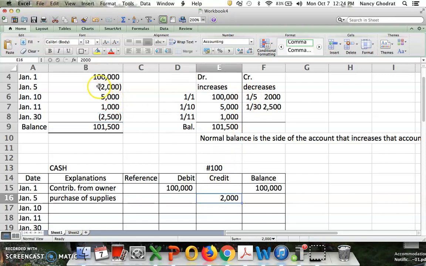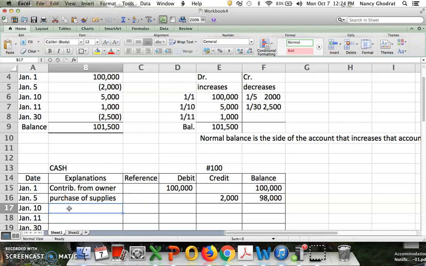By the way, in accounting, any number in parentheses is considered negative. So in this case, we're not going to put negative 2,000 in here, because by convention, we know that any number on the credit side of an asset is decreasing that asset. So in this case, we know that the balance on January 5th is 98,000.